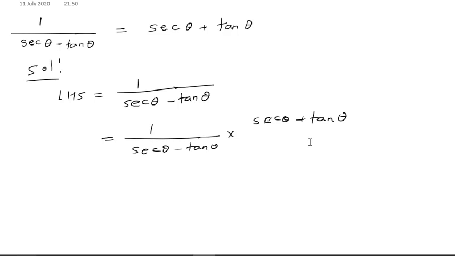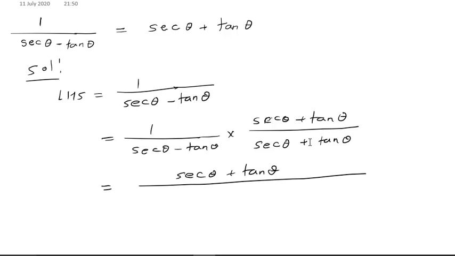So what we have done, we have multiplied and divided with sec theta plus tan theta. Now numerator is sec theta plus tan theta, which we require. So denominator must become 1.